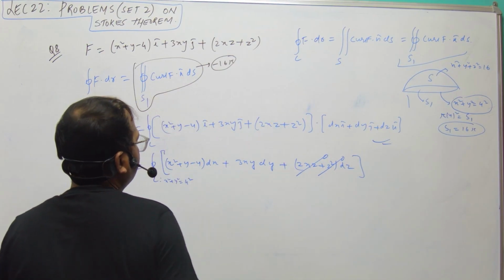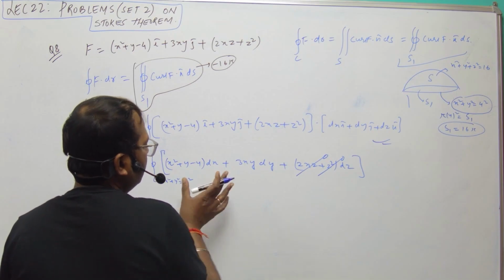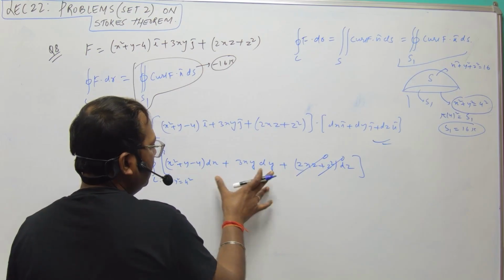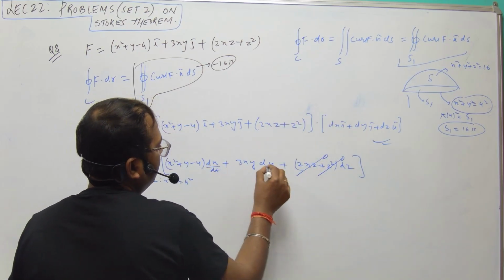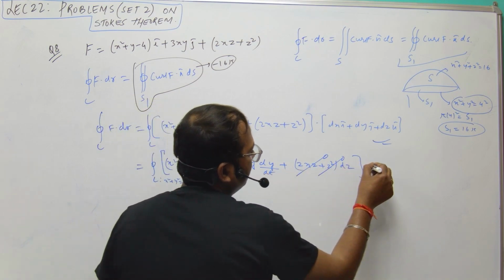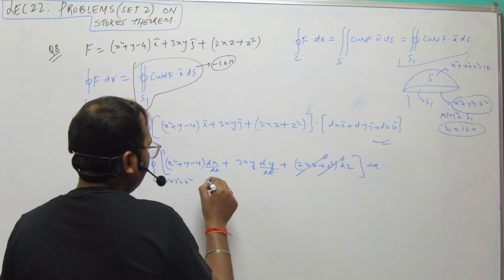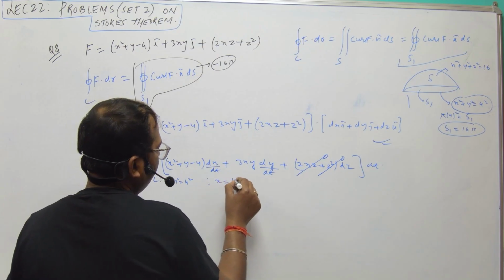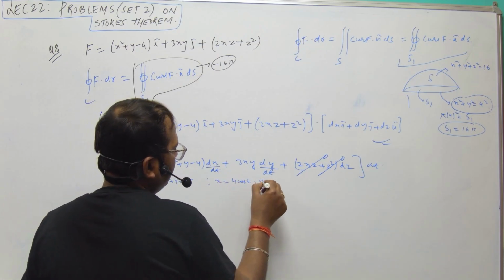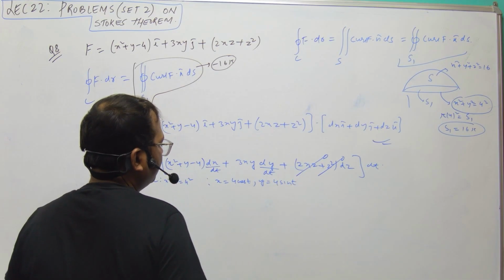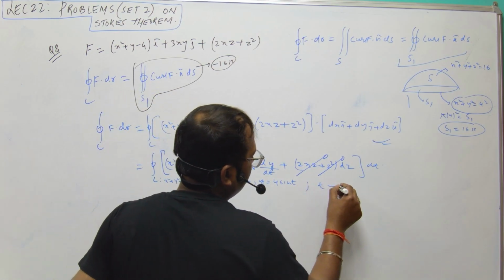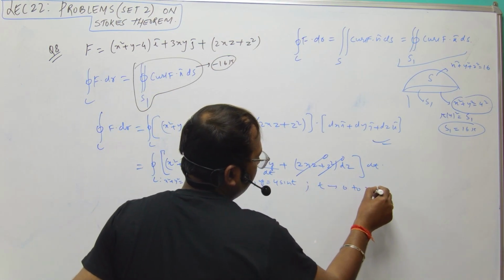So we can divide this whole expression by dt and multiply with dt. In terms of parametric form we have x is equal to 4 cos t, y is equal to 4 sin t, and t varies from 0 to 2 pi.